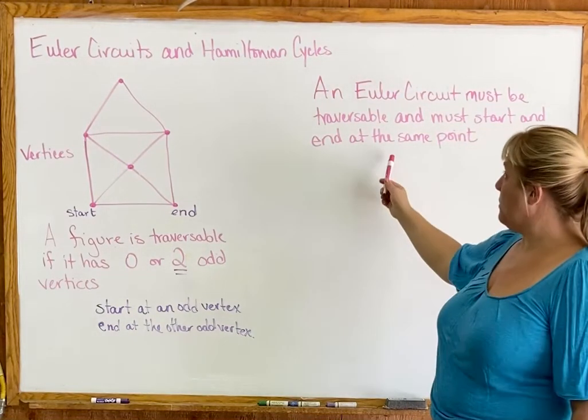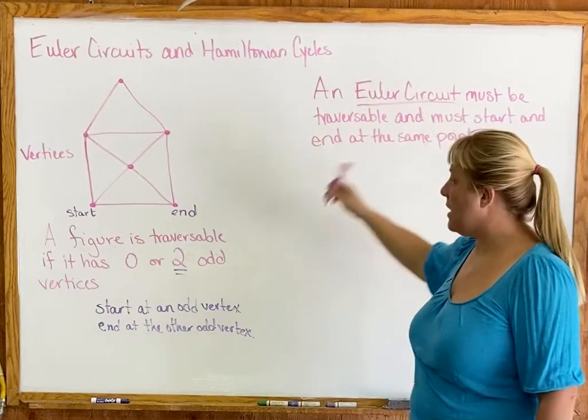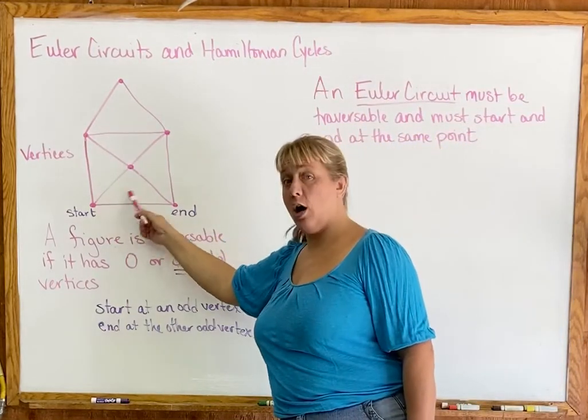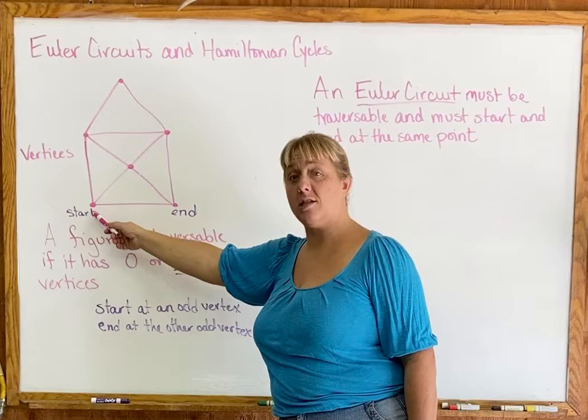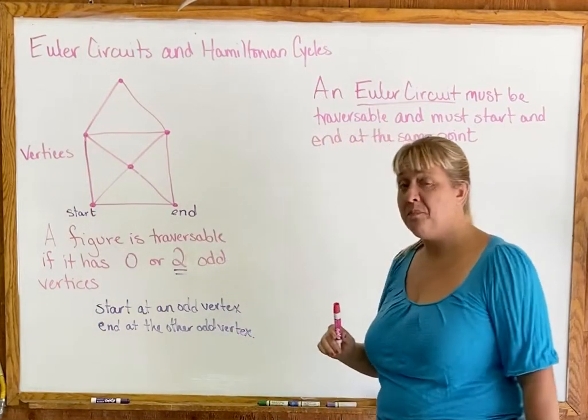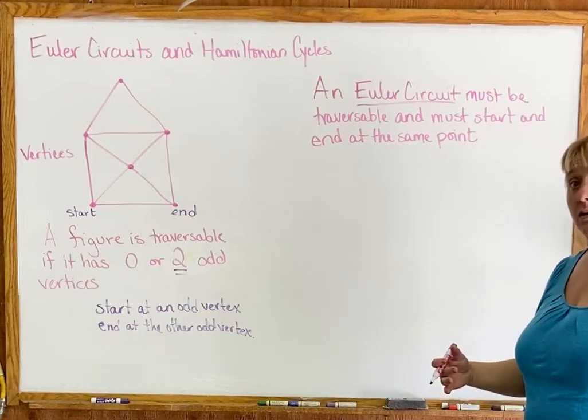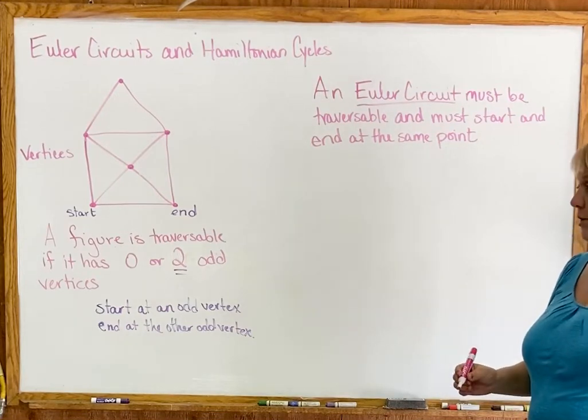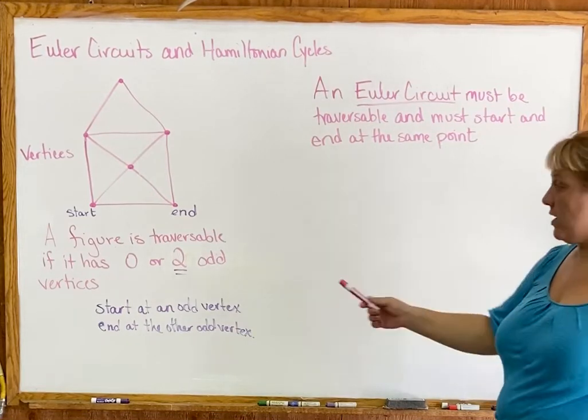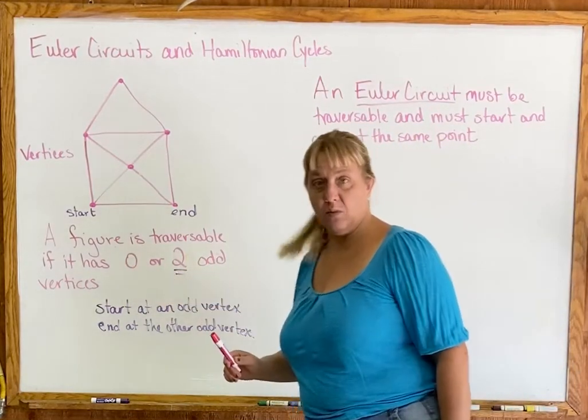Now, what we've noticed is that if we have these odd vertices, like we do in this example, we started at one and we ended at the other. We weren't able to get an Euler circuit. It's traversable, but we weren't able to get an Euler circuit. So that's where this 0 comes into play.